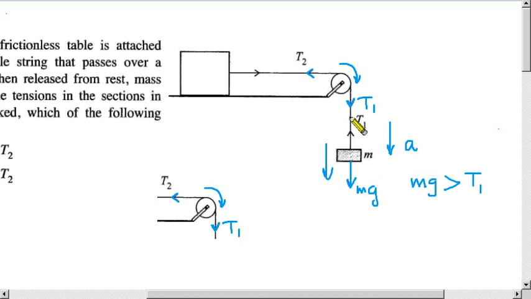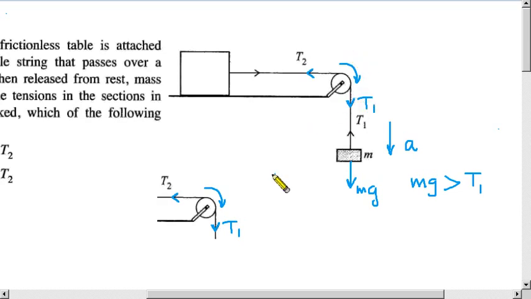When the mass is moving this way, the pulley must rotate in this direction, not this direction, because the string is going downwards with this mass. When the string goes down, it rotates the pulley in this direction.